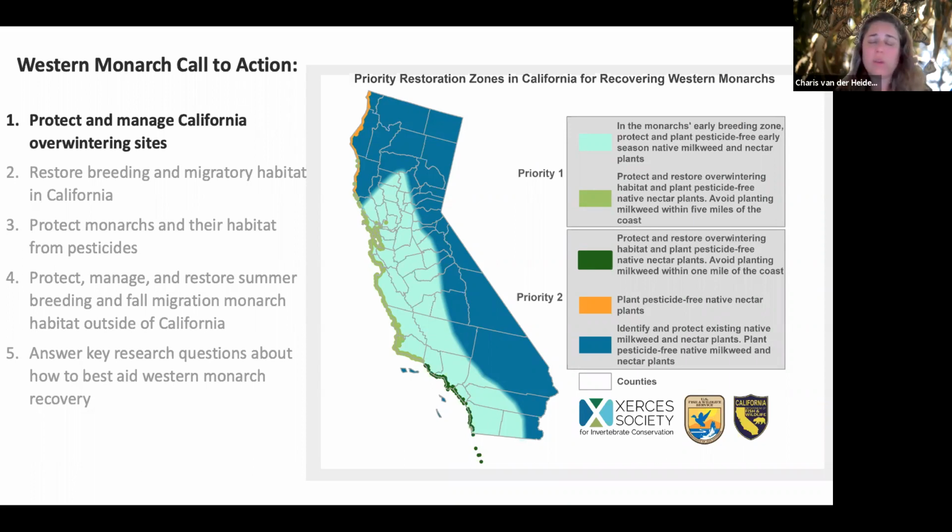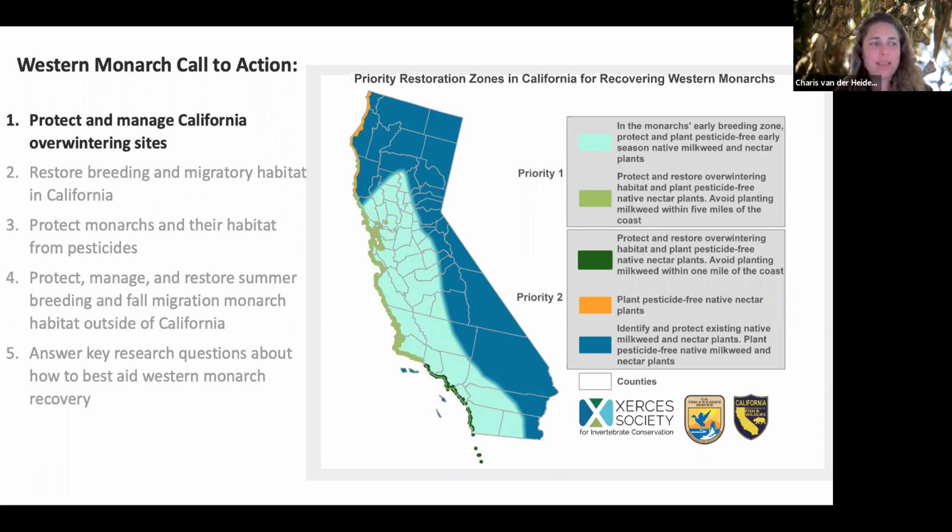And also an interesting factor about this is until now, until this decline, we've used the presence of monarchs at overwintering sites to define overwintering habitat.